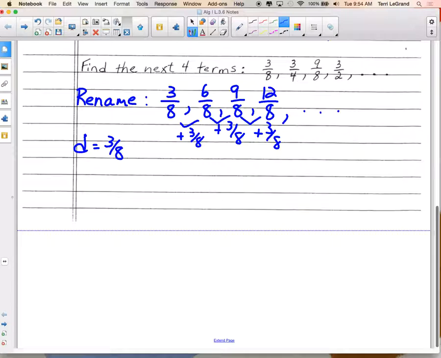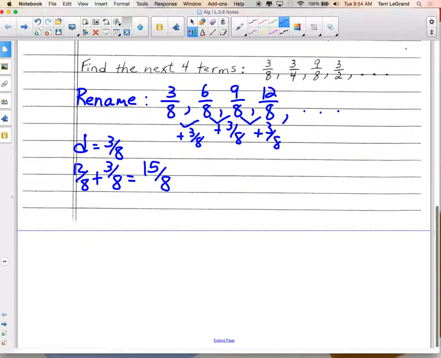Okay, so if we're going to add 3/8 every time, here's what I'm not going to make you do. I am not going to make you show me that 12/8 plus 3/8 is 15/8. I won't make you show me that, because you can do that in your head, right?